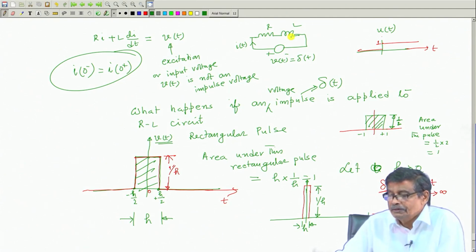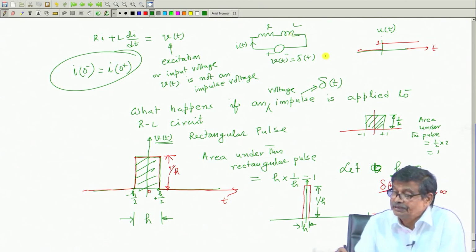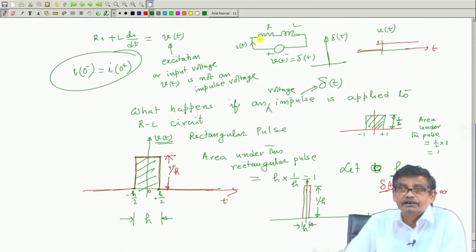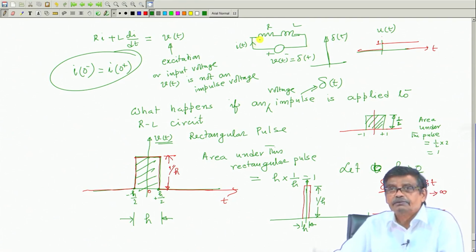Study, and what about the impulse function? If such a function which is like this is applied to the circuit, what will be the nature of the current? Will the current become an impulse, or what else? Those things we will discuss. It is a very interesting topic.